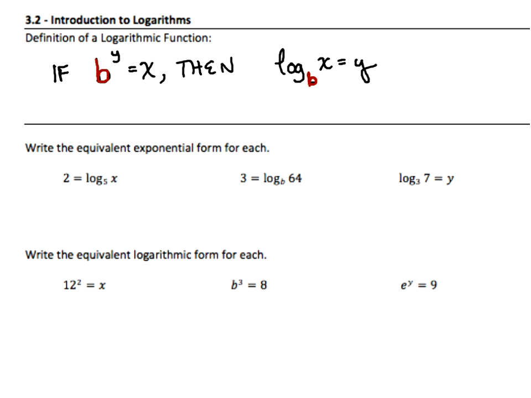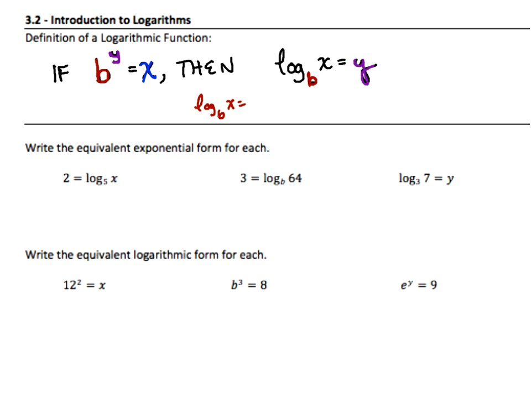So basically, if I have something that says log base b of x equals, and the b and the x being numbers, what you're really trying to figure out is what do I have to raise the base b to make x.